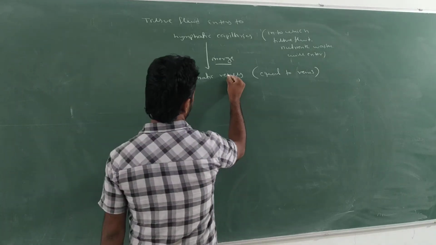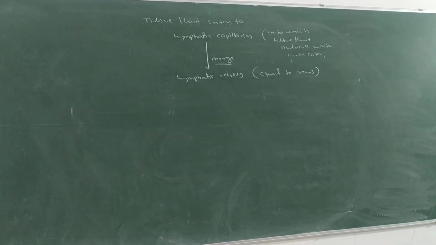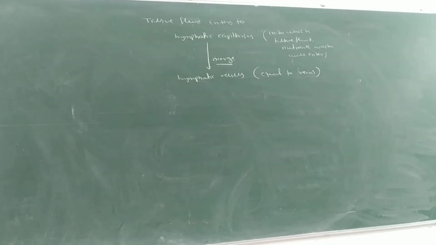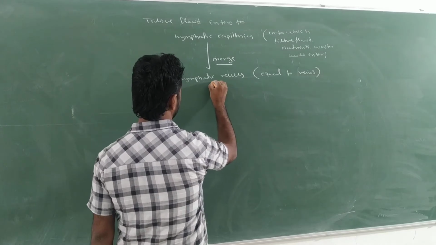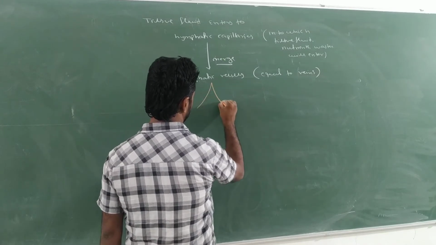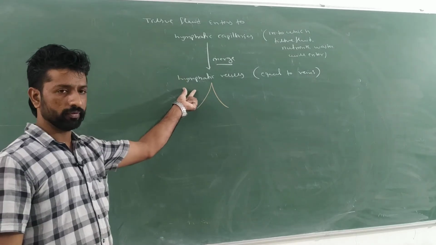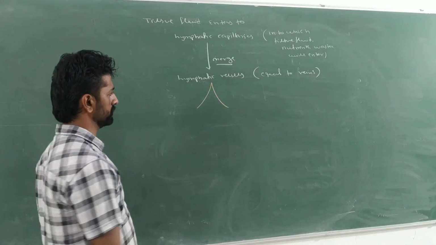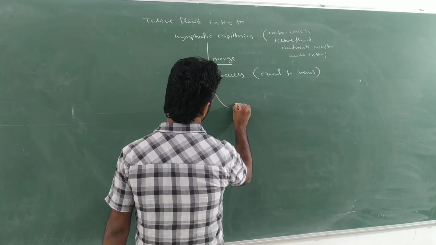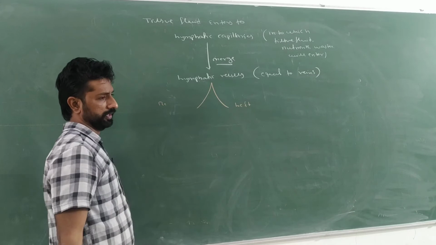Such lymphatic vessels formed, they open into, or they pour the lymph back into the circulatory system. But where do they pour? Such lymphatic vessels open into the left and the right side. What are the left and right side of the body?